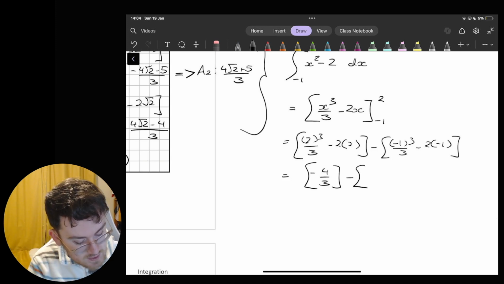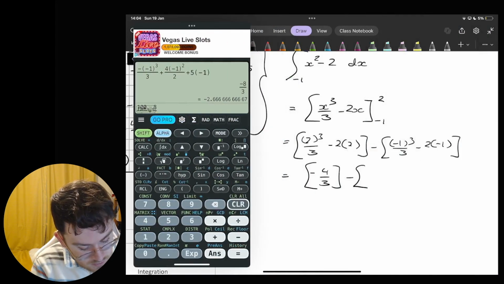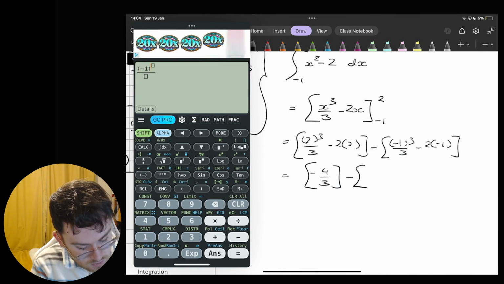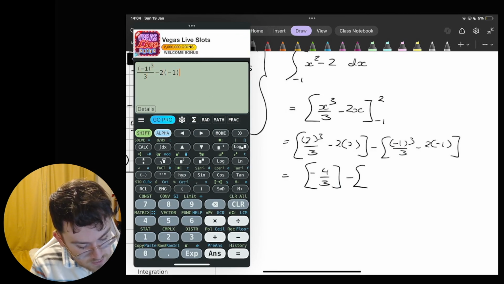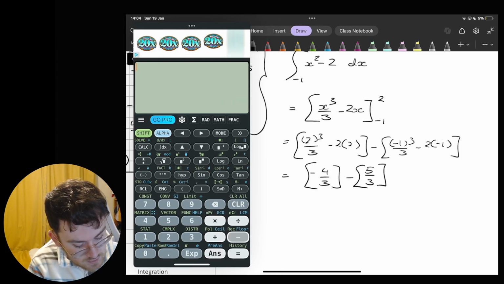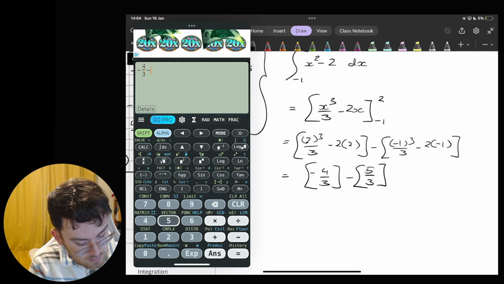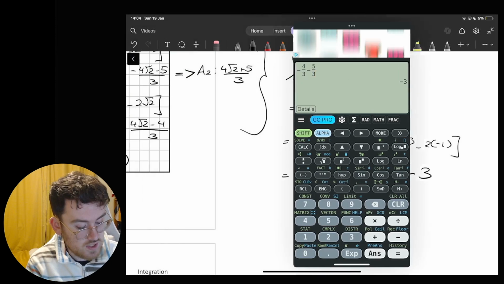And on this side, we have -1 cubed over 3 minus 2 times -1. We get 5 over 3. So -4 over 3 minus 5 over 3 gives you an answer of -3 here.